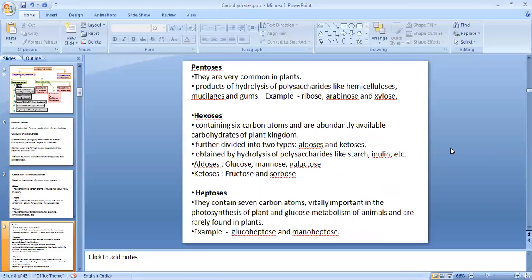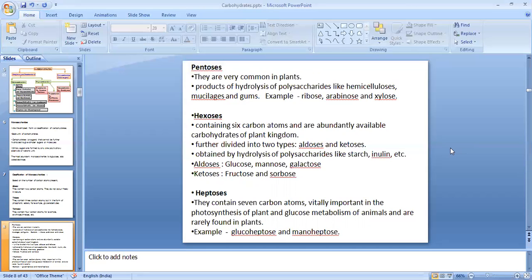That means they are usually present in the polysaccharides like hemicellulose, mucilage and gums. So when you hydrolyze these products, they give rise to the pentoses. The examples of pentoses are ribose, arabinose, xylose, etc.